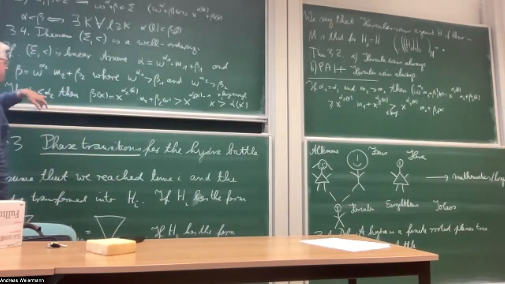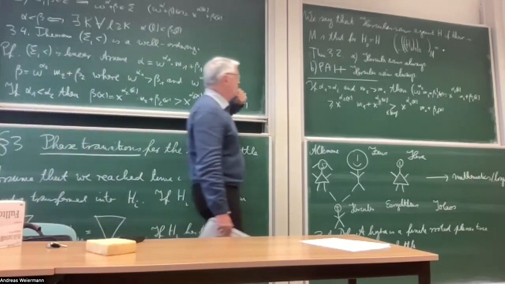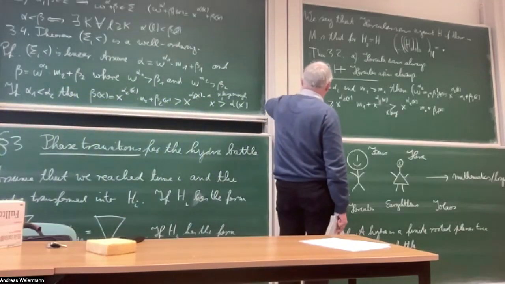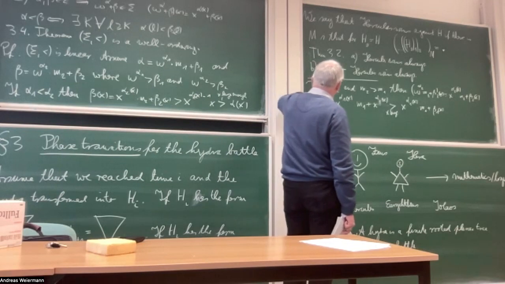And finally, here's the case alpha 2 is smaller than alpha 1. If alpha 2 is smaller than alpha 1, we can change the roles here, then beta will be smaller than alpha. What is the remaining?